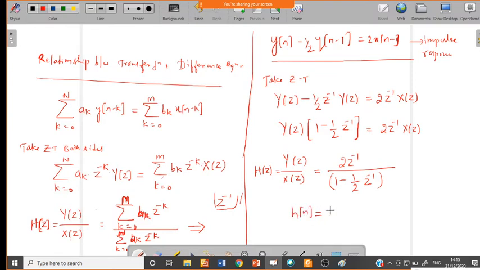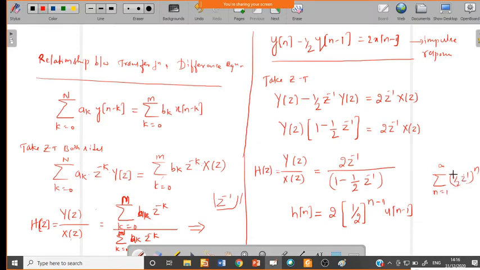This will be 2 into half power n minus 1 into u of n minus 1. We can expand that: if you take the z transform of half power n minus 1, you will get the summation from n equal to 1 to infinity of half into z inverse whole power n. So this is your alpha.